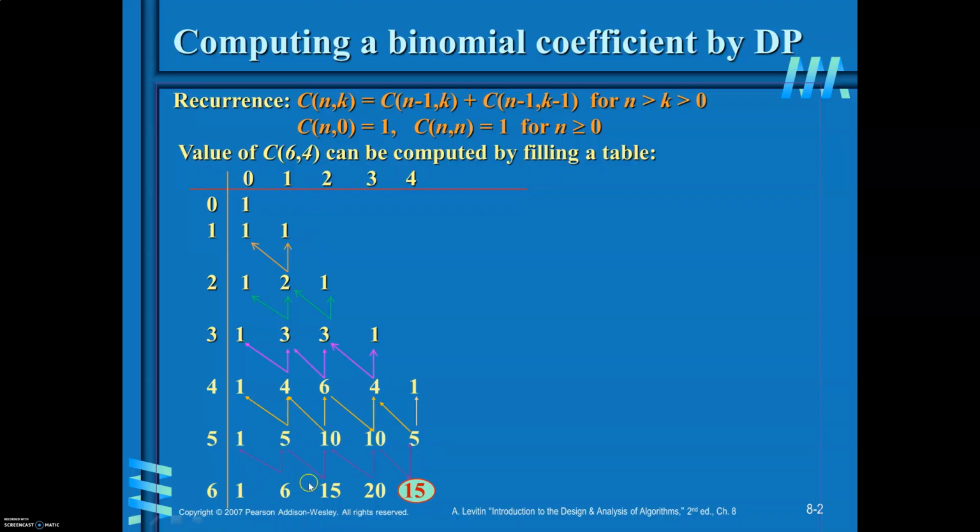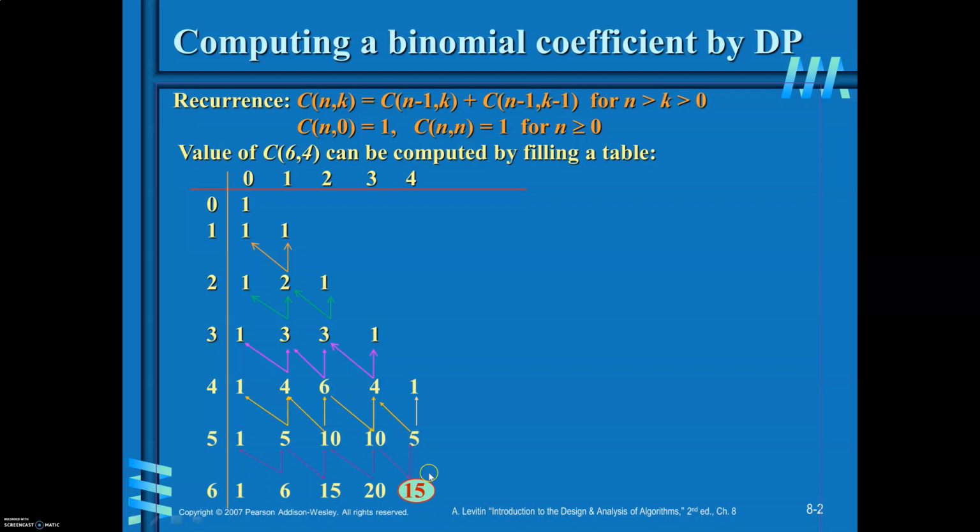How do you find C(6,2) here? Previous row in the same column is 10, previous row, previous column is 5. So 5 plus 10, 15, then 10 plus 10, 20, and for the next, previous row in the same column value recorded is 5 plus previous row and previous column value recorded is 10. 10 plus 5 is 15.